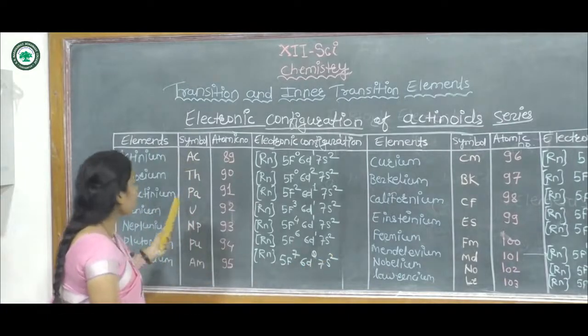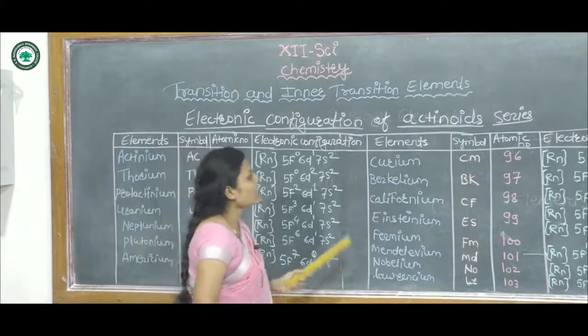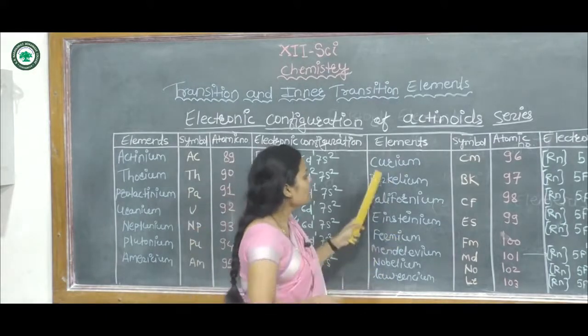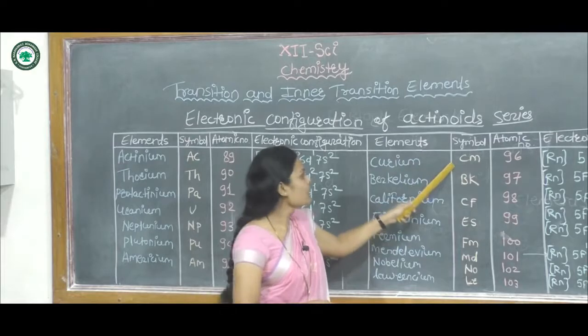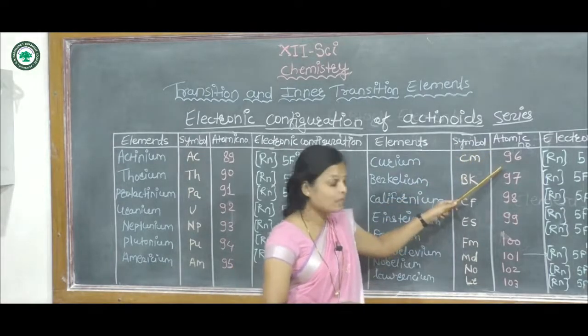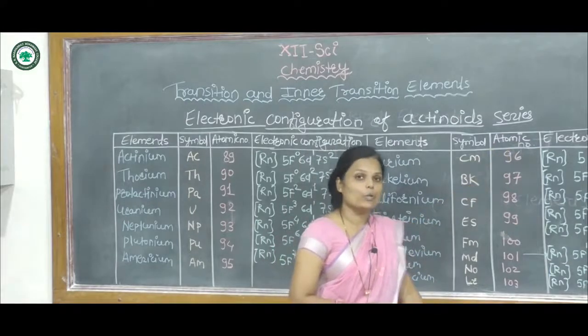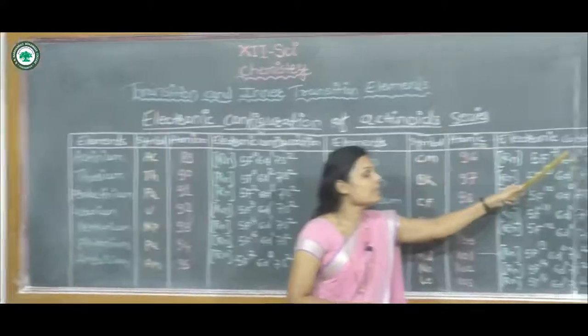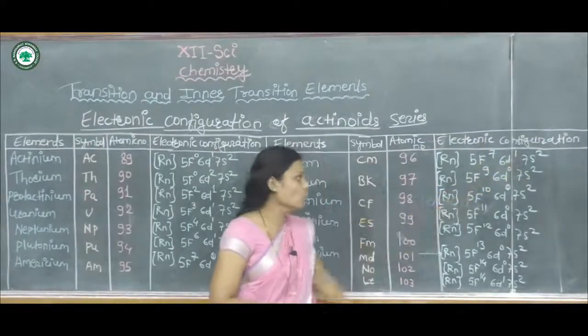Seven electrons in this f subshell. Then the next one is curium. Symbol of curium is Cm. Atomic number of curium is 96, and its electronic configuration is 5f7, 6d1 and 7s2.